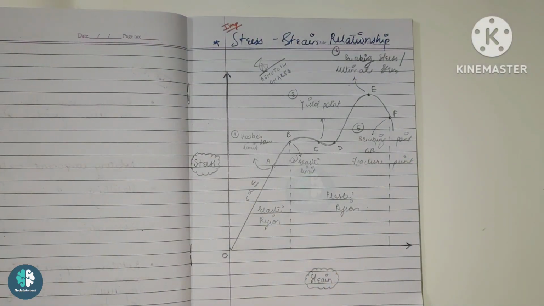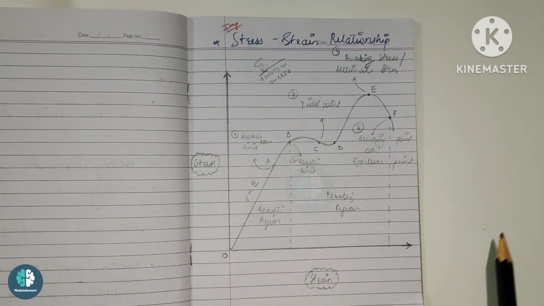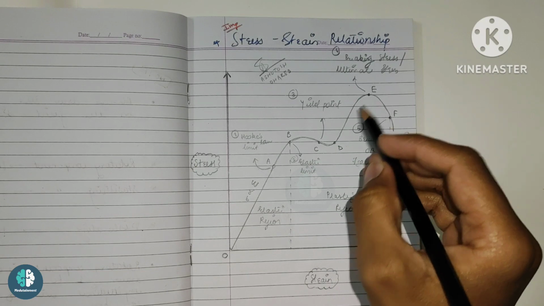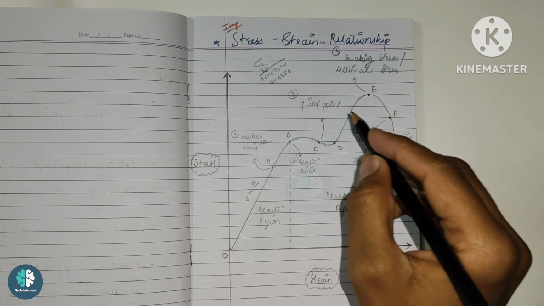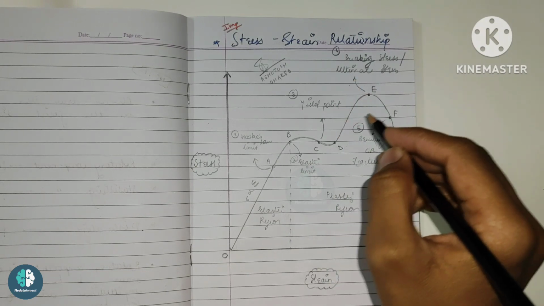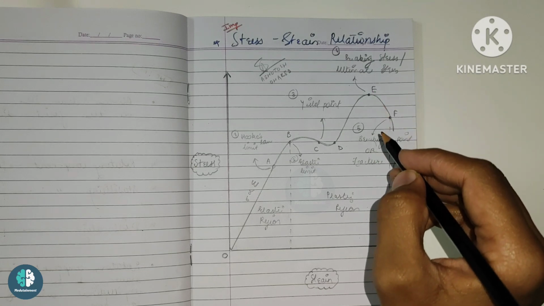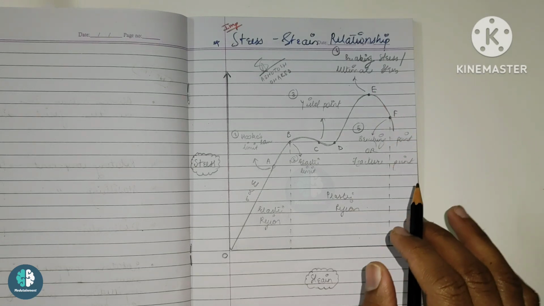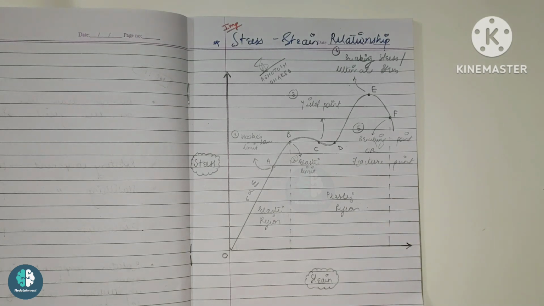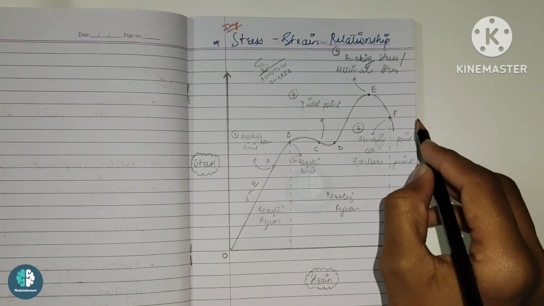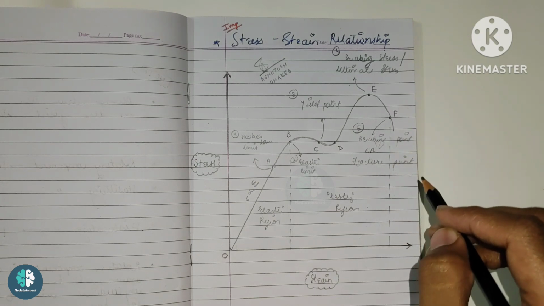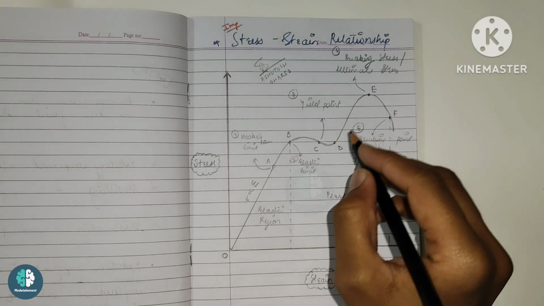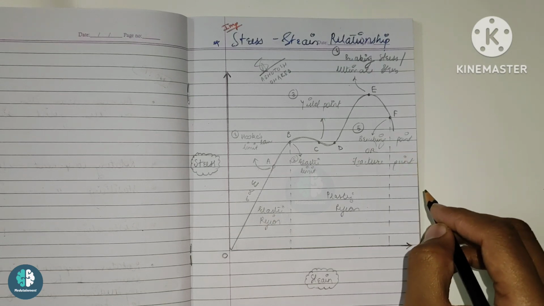So as I have told, the wire starts the phenomenon of necking from D to E, and the stress keeps on increasing and increasing up to a limit, and after that at the point F, the material breaks, because the material has reached a limit, and this point where it reaches the limit and breaks down is known as the breaking point or fracture point.